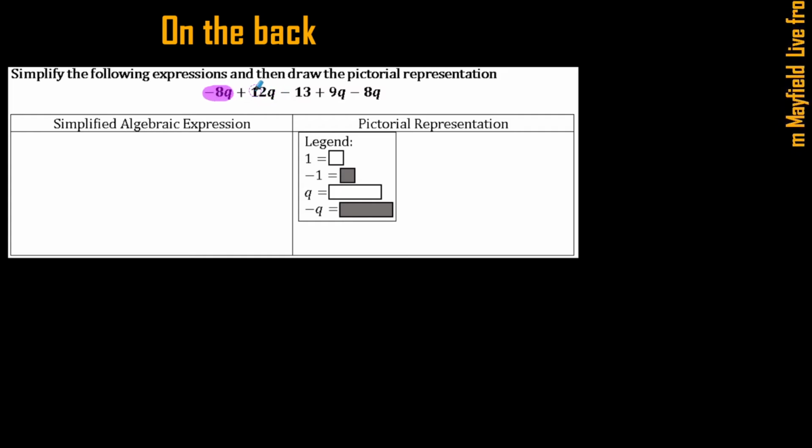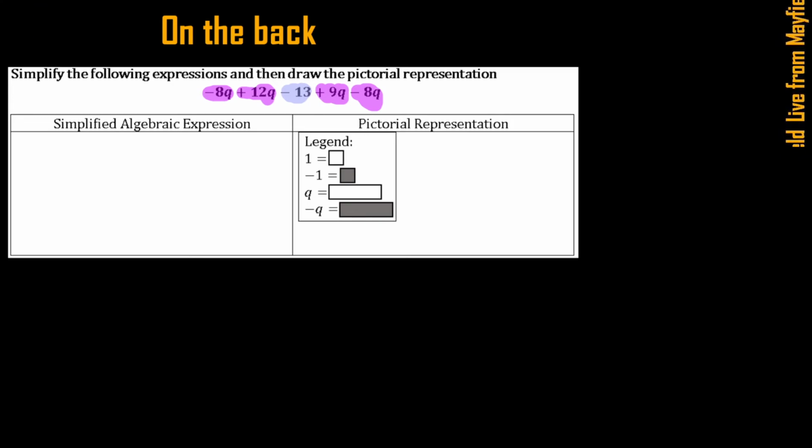So I have a negative 8q, a positive 12q, a positive 9q, and a negative 8q. So that's 4 variable terms, and then I have one constant term right in the middle, that negative 13.